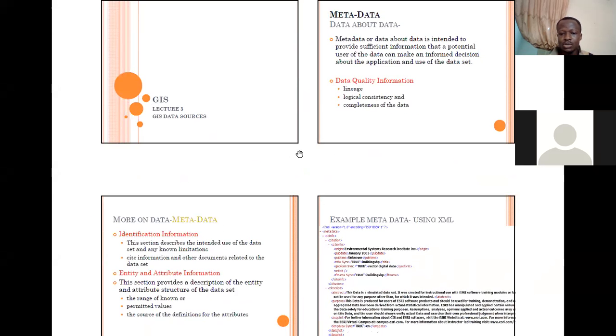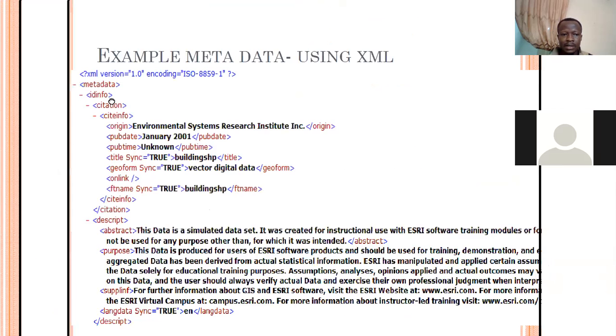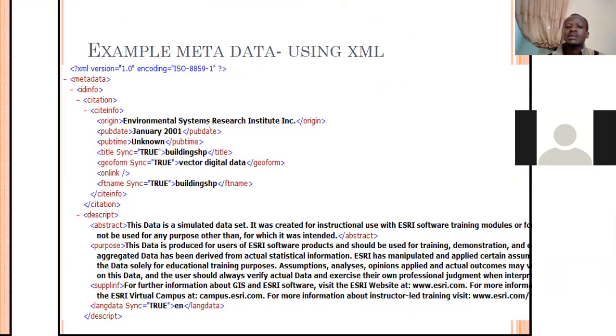So metadata looks like what we see here. Okay, so here the data is coming from Environmental Systems Research Institute lineage. Okay, all right. So publication data, the metadata was made available. You can have the purpose, the intended purpose of the data. Is that okay? All right, so that's identification information.